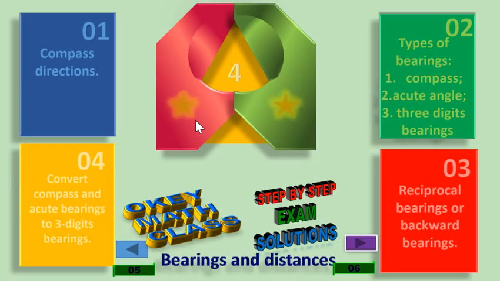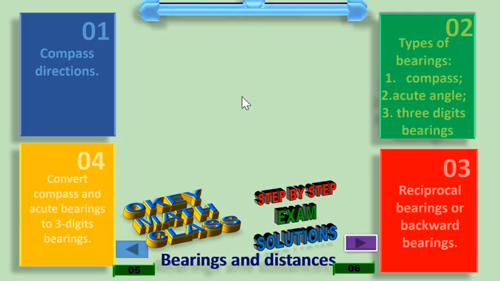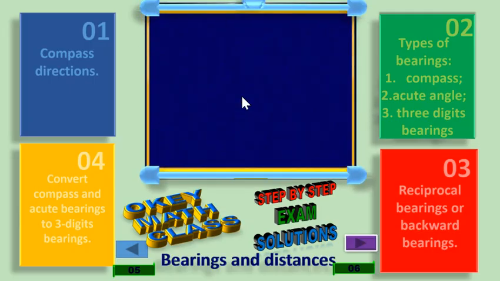Number 4, we're going to look at conversion from compass bearing to acute bearings, from acute bearings to 3-digit bearings. So therefore, we're going to look at the objective of this particular presentation. What are our objectives?